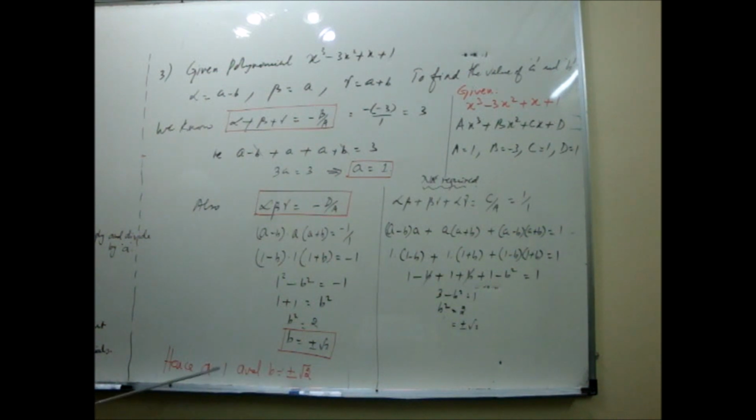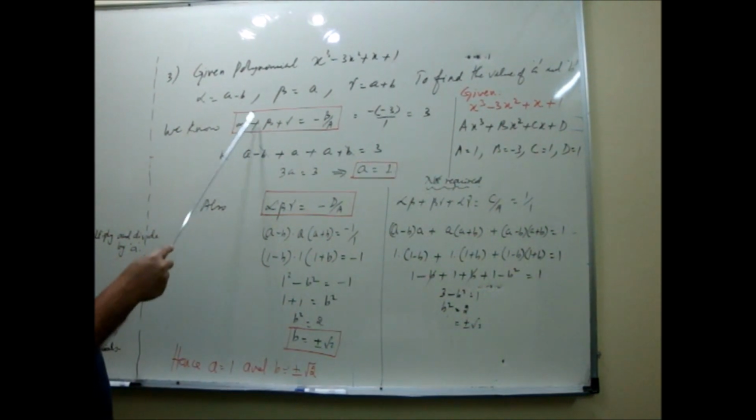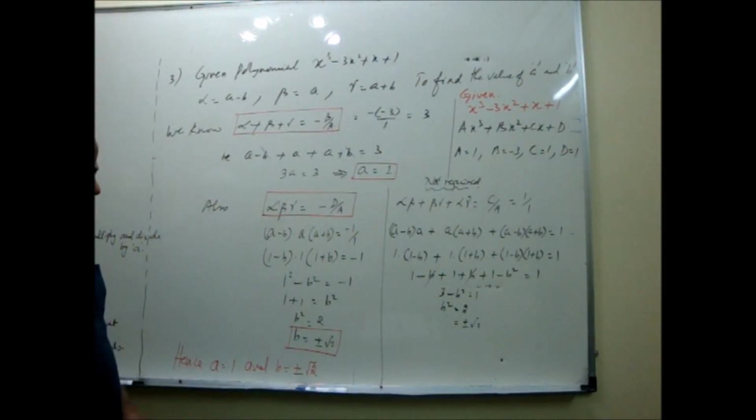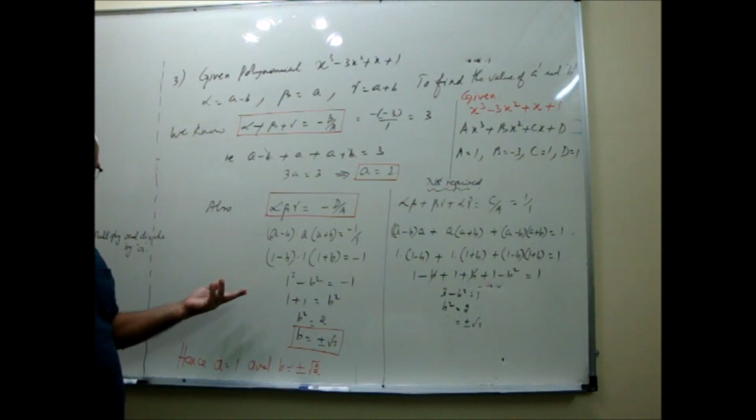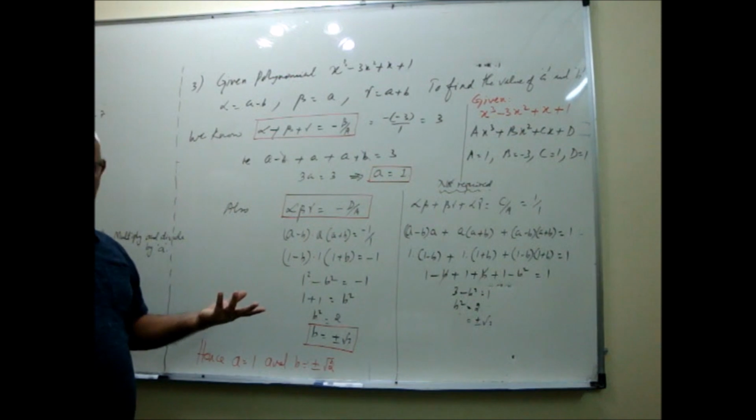So now we get the value a is equal to 1 and b is equal to plus or minus root 2. You can substitute. If you put root 2, you get a set of zeros, the values alpha, beta, gamma. If you put minus root 2 in the place of b, you get the same numbers but in the reverse order. Nothing changes.